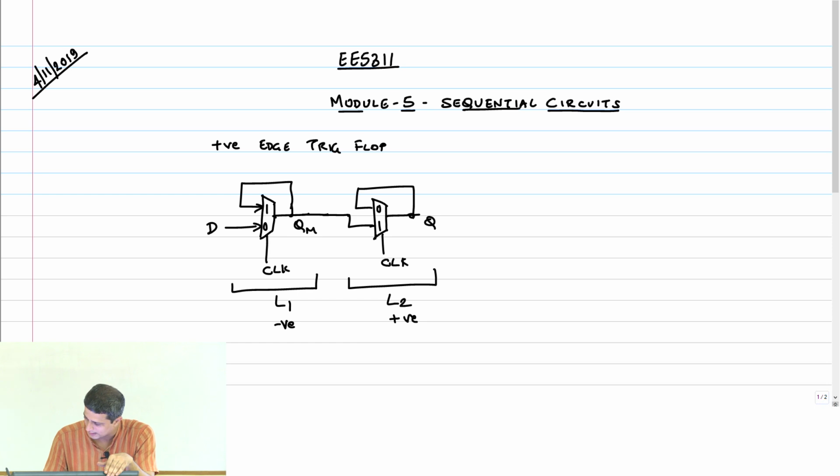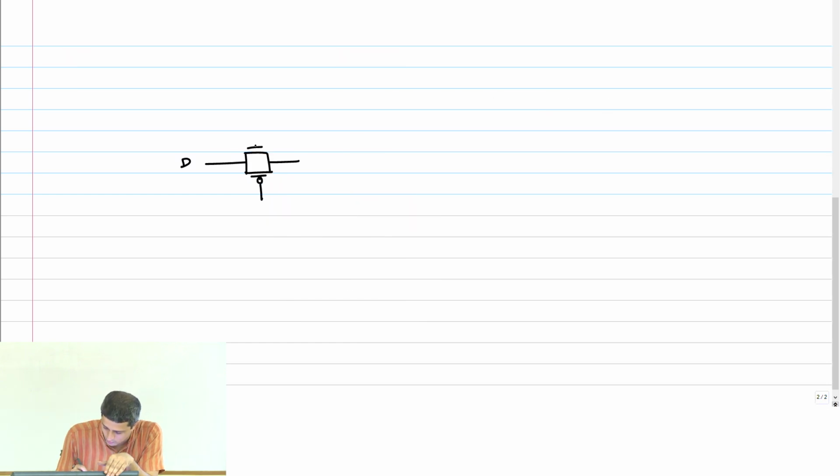That's basically a negative latch. Clock equal to 0, clock, and we constructed another gate like this, clock bar.